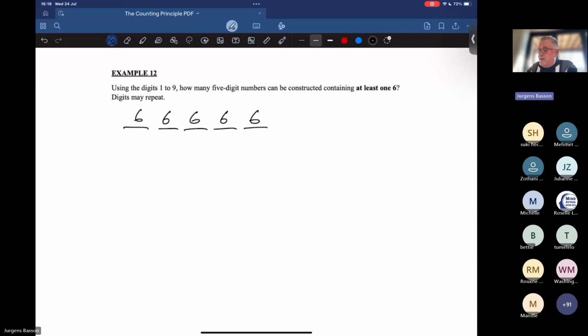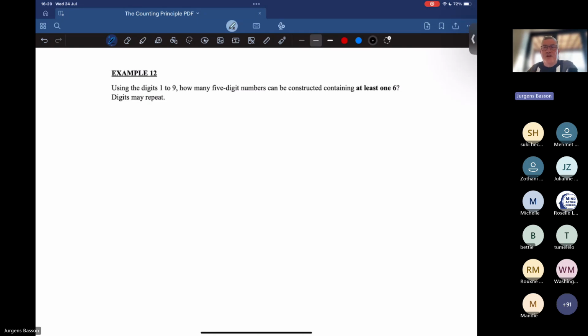They only give us the minimum, but it can be more. Now, it's quite a task to try to work it out. So what we can think about here is that if we want at least 1 6, what is it we don't want? We don't want no 6s.